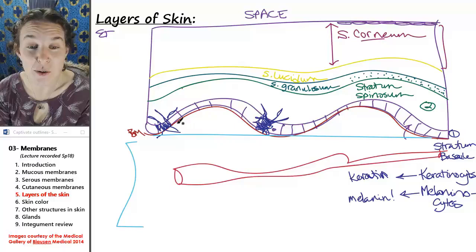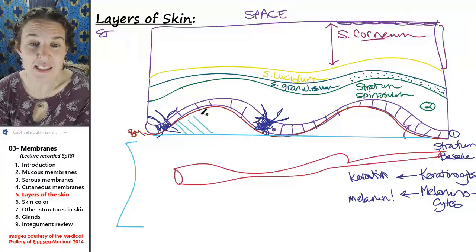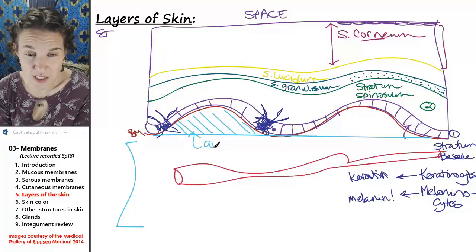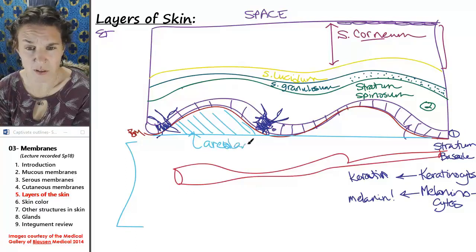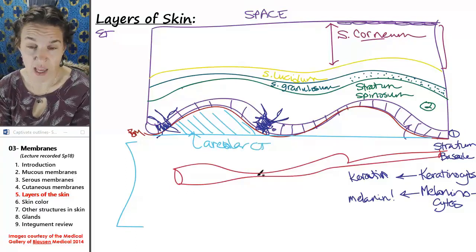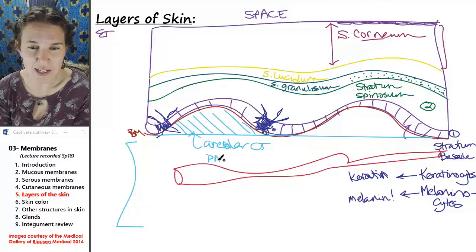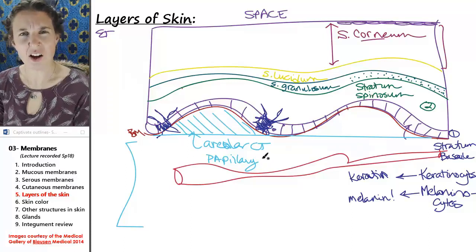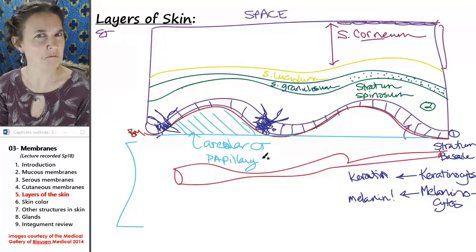So this layer right here, this light blue layer, it's made of areolar or loose connective tissue, and it's called the papillary layer. It's not called stratum papillary.